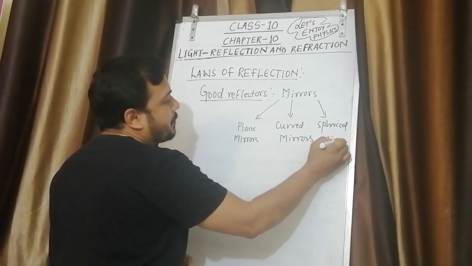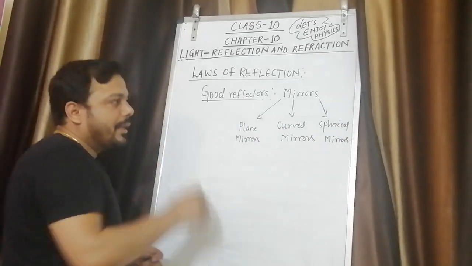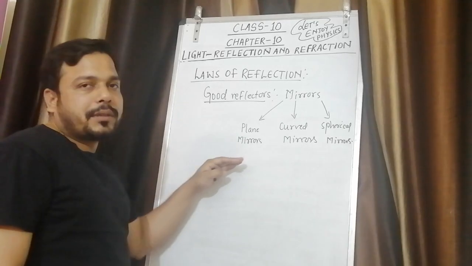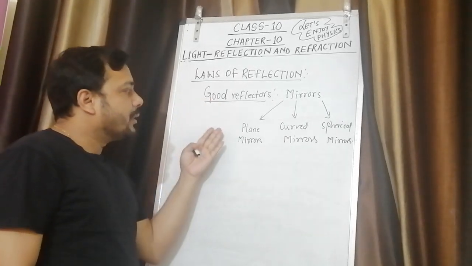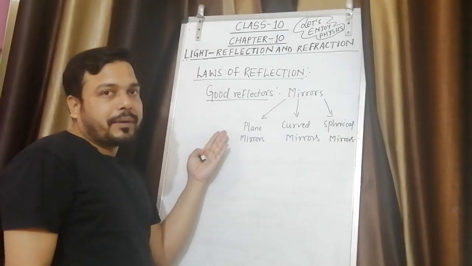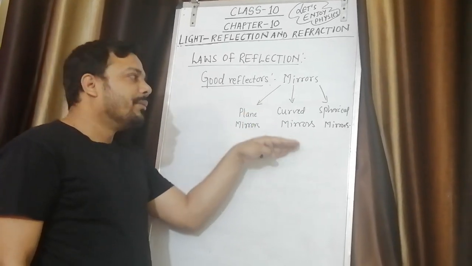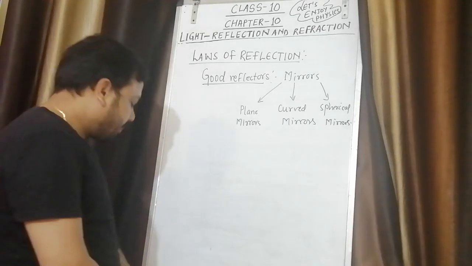We have to mainly study the spherical mirrors in our course. But let us first understand the reflection of light from a plane mirror, the laws of reflection for plane mirrors, and they will also be equally valid for the curved or any spherical mirrors as well.